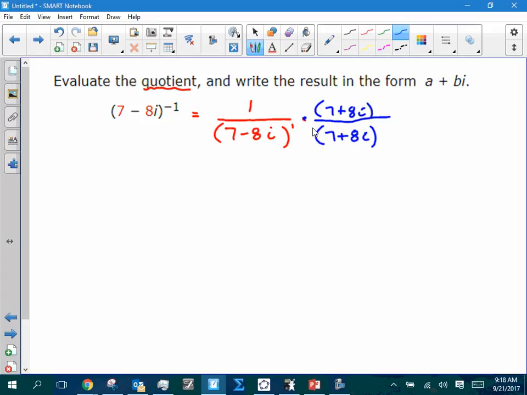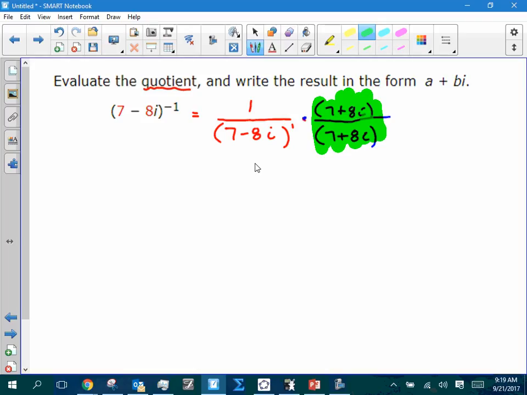Let me ask this question first before we do anything. What do we really multiply by there? 1. I see a lot of people want to multiply the top by its conjugate and the bottom by its conjugate. Well, if you do that, you're no longer multiplying by 1, and you change the value of this fraction. Does that make sense? So we want to make sure that we don't do that.